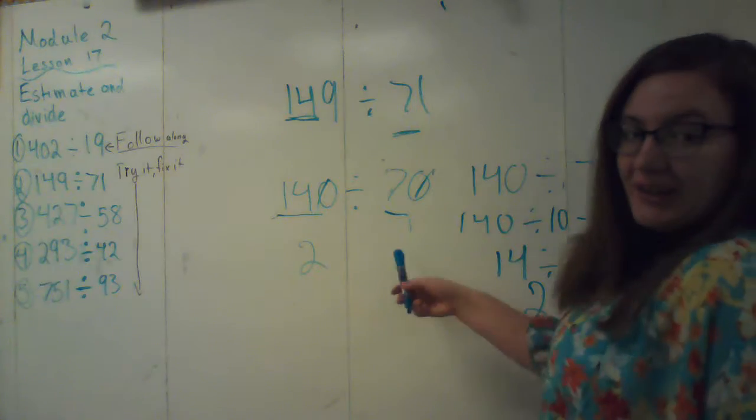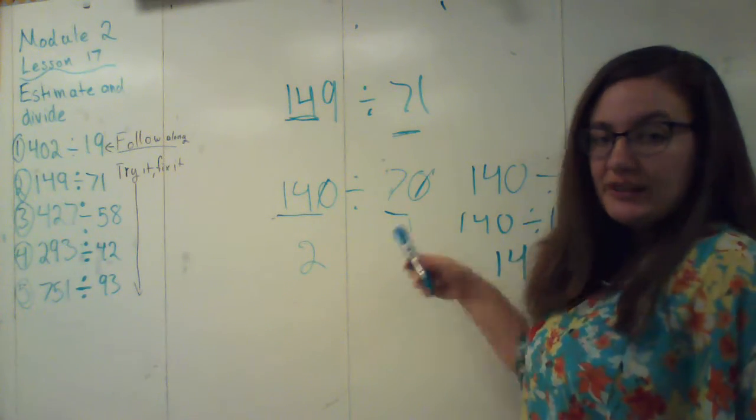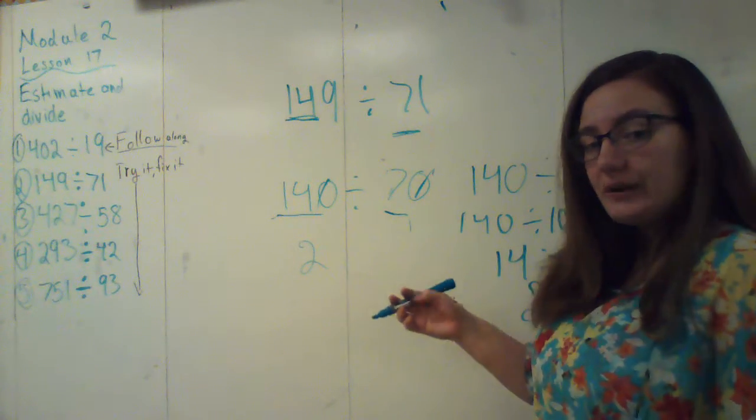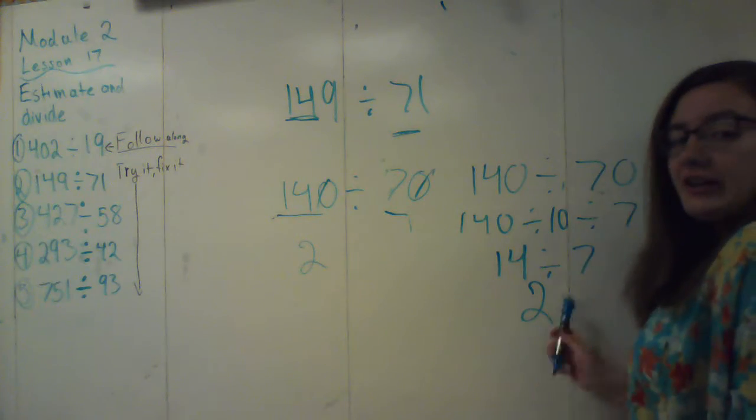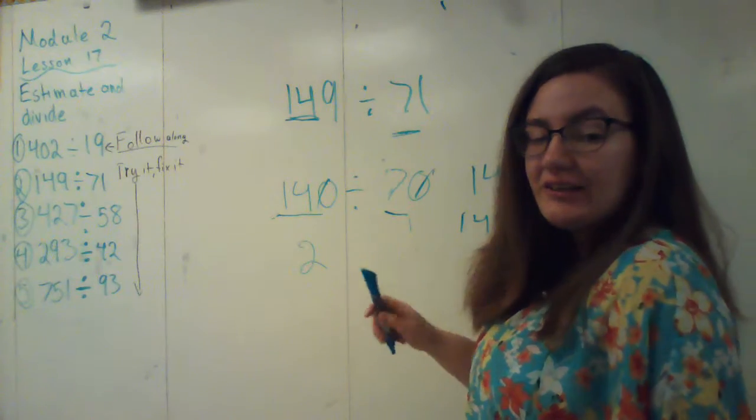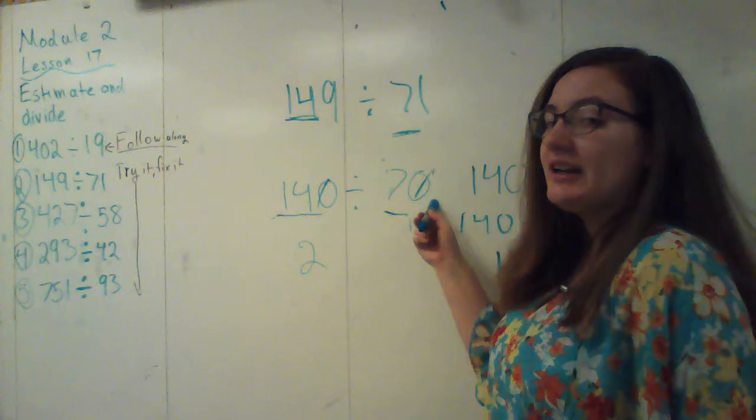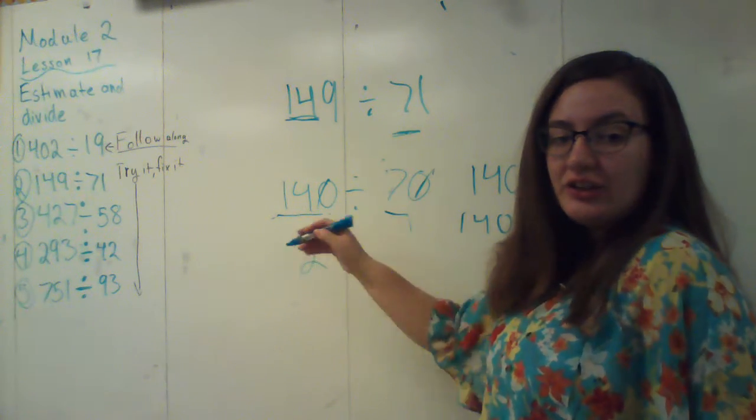Now you might be a little bit confused because you didn't see this way yesterday, but this is another way that you could solve these problems. I know a lot of us were a little bit confused with this, so if you want to cancel out the zeros, you can do that too. So for every zero on this side, you can cross one out on that side.